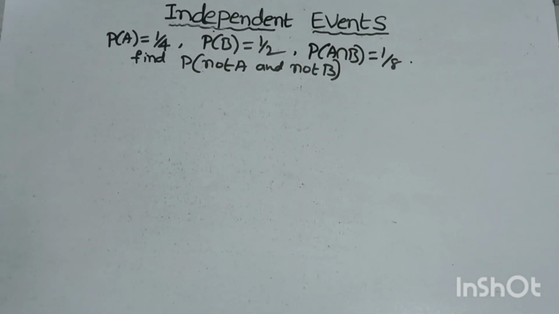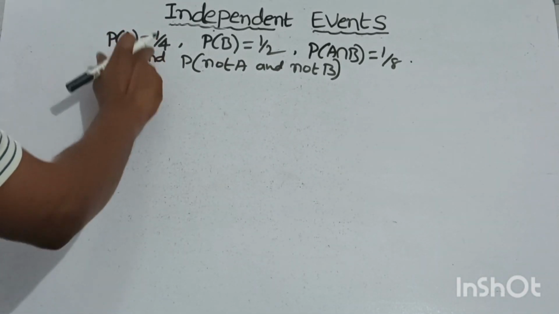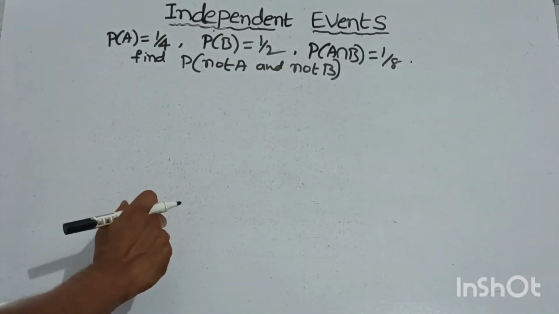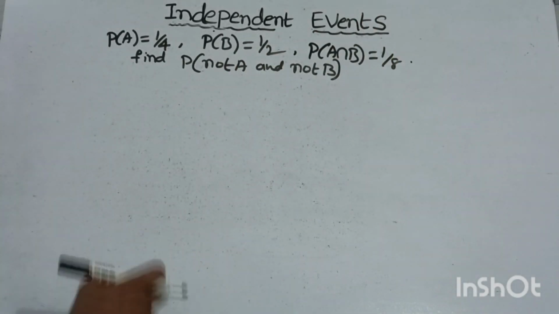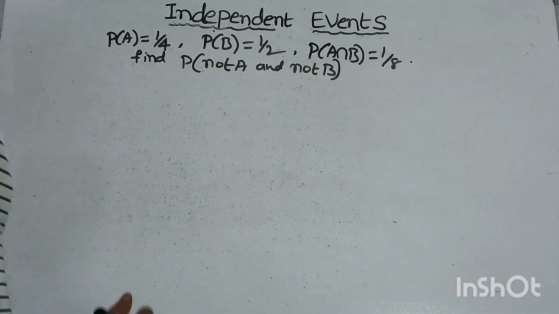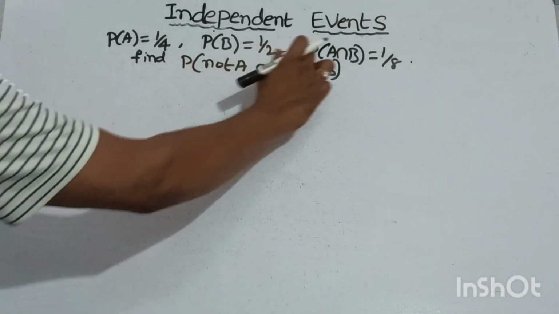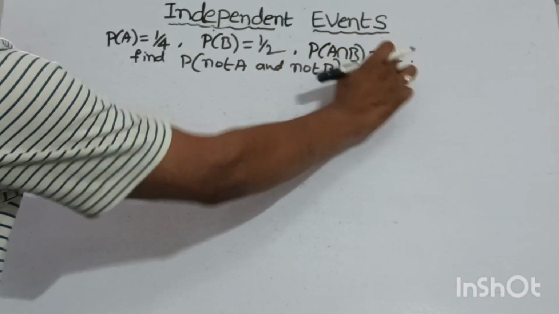Consider the next problem. If A and B are two events such that probability of A is 1 by 4, probability of B is 1 by 2, probability of A intersection B is 1 by 8. Find probability of not A and not B. So here we can check probability of A intersection B is 1 by 8.